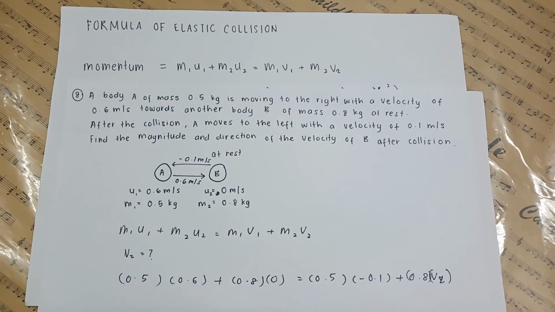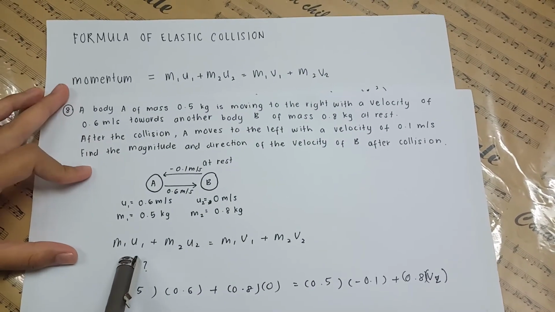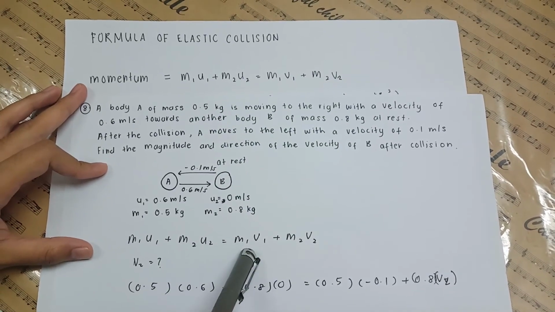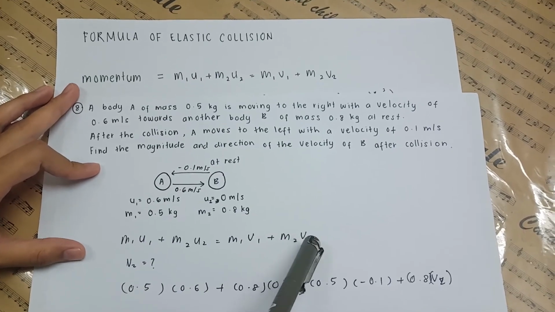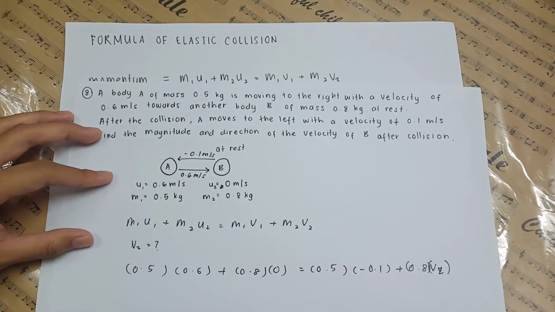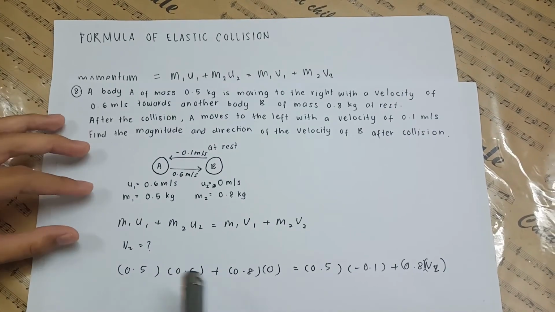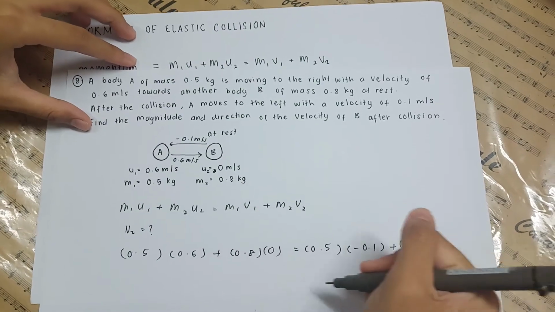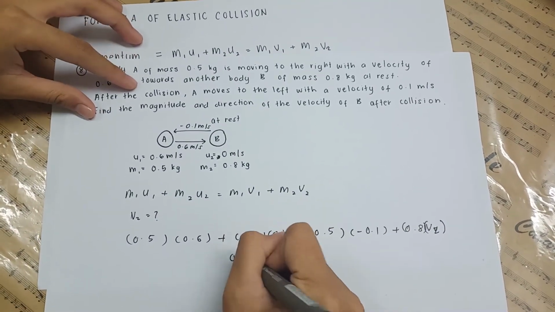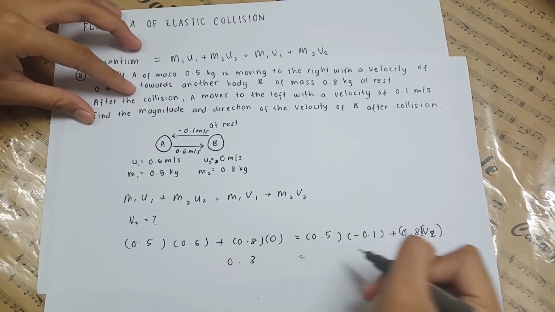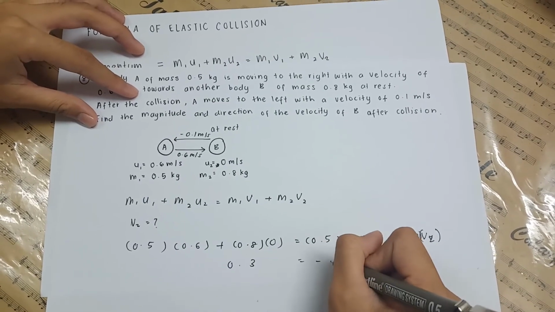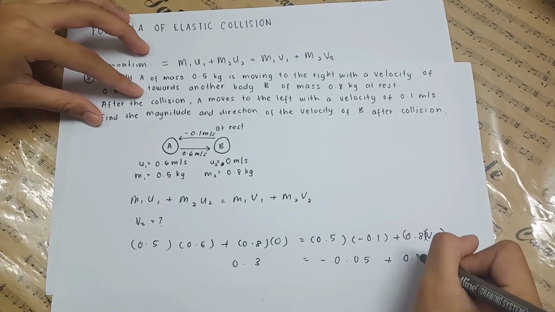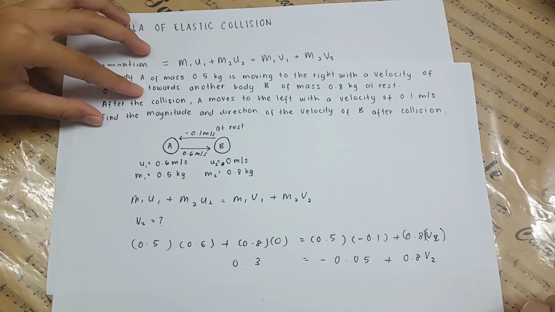Okay. So we use the formula momentum, which is m1u1 plus m2u2 equals m1v1 plus m2v2. So when we calculate this, we'll get 0.3 equals negative 0.05 plus 0.8 v2.